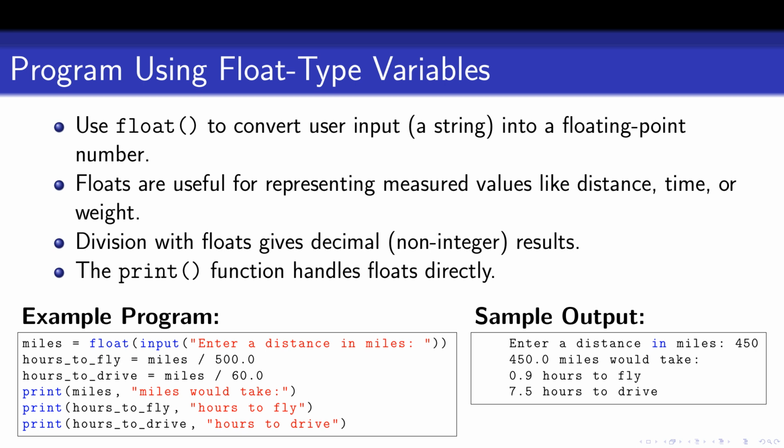Using floating point ensures that fractional results, like 0.9 hours to fly or 7.5 hours to drive, are represented correctly. The program also demonstrates how Python's print function handles floats naturally, displaying decimal results without extra effort. This makes floats an essential part of programs that work with real-world, measured data.